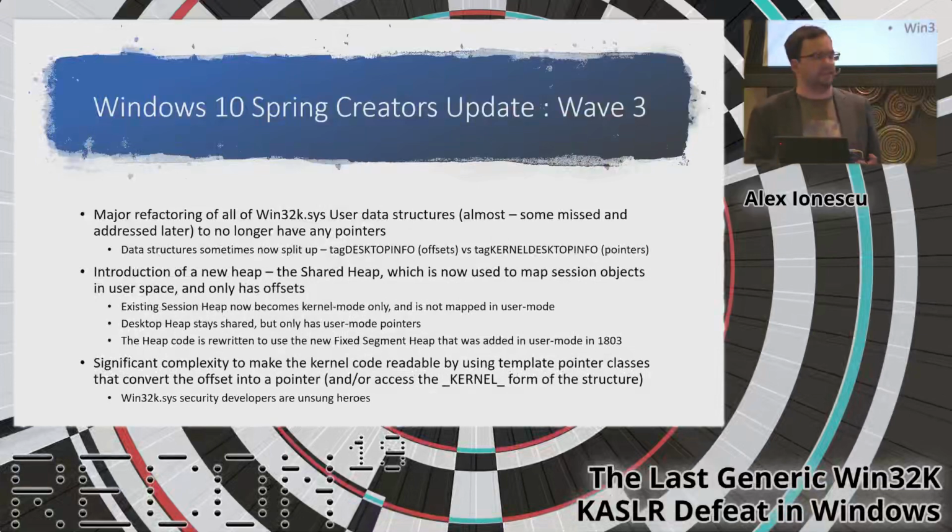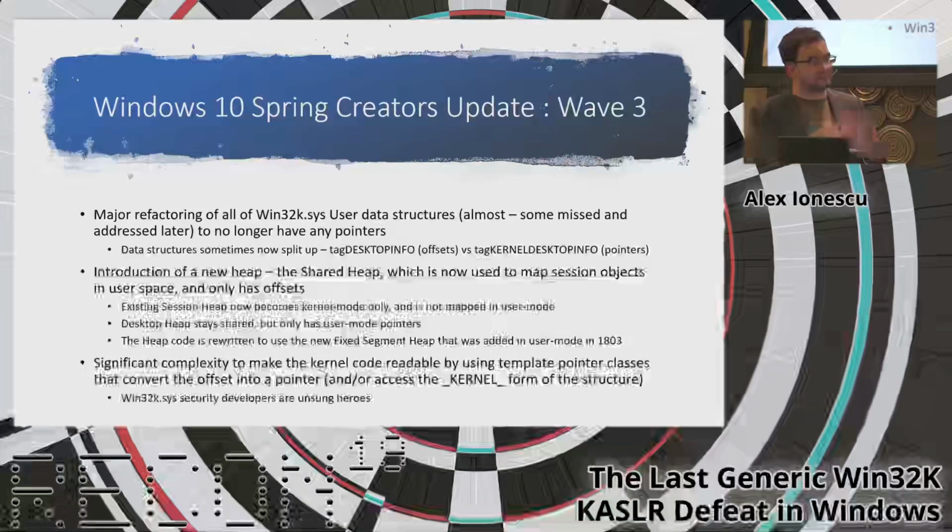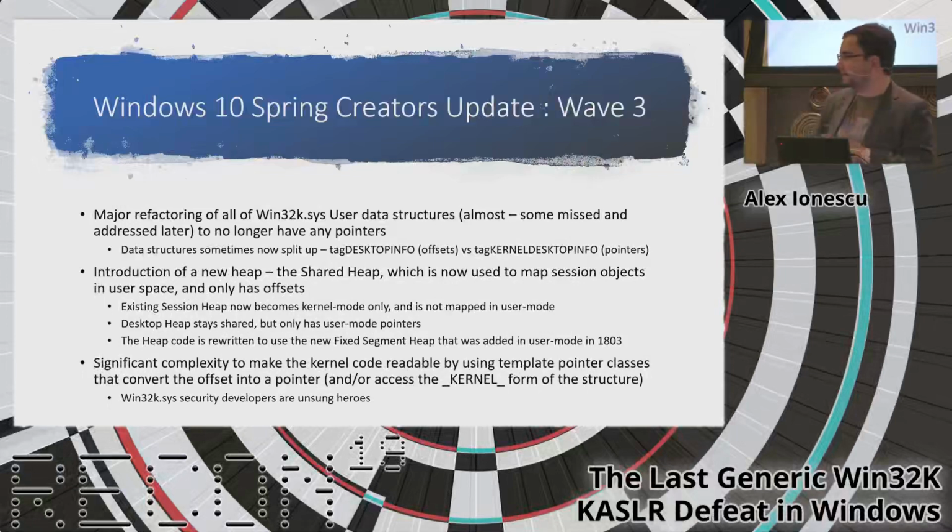So obviously this must have been an amount of work that's insane, and the devs of Microsoft that did this, obviously hats off to them for having done all this work. And once this was done, if you then scanned the user space heaps, you found no kernel pointer. In fact, no pointers whatsoever. Everything is now offset based, and job done, mission complete.